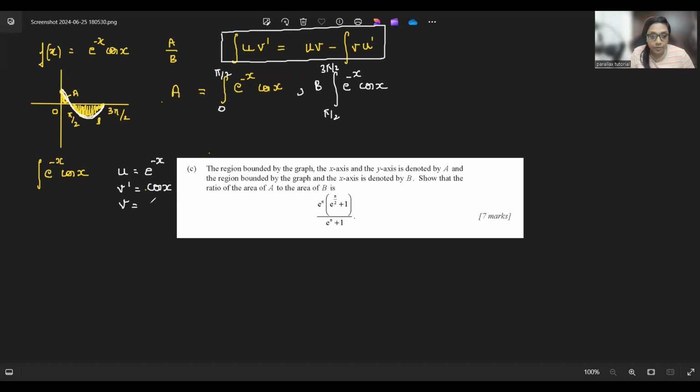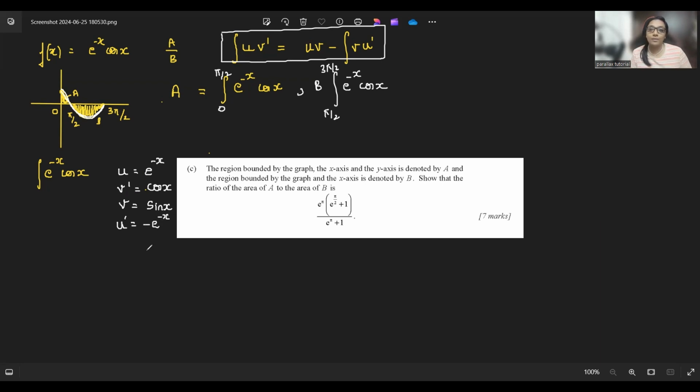So our v would be sine x. And u dash would be e to the power minus x differentiated, and you put a negative sign before it because you are using the chain rule, where the negative x is also differentiated and it becomes minus 1.